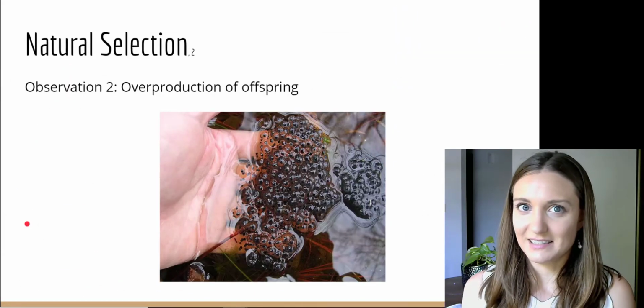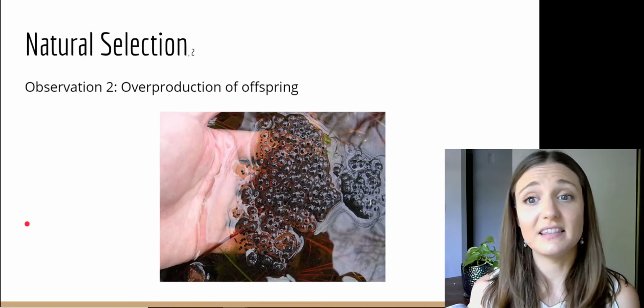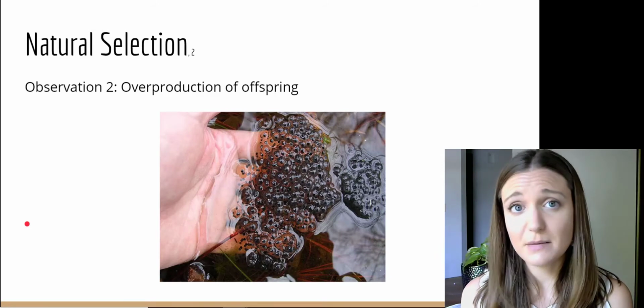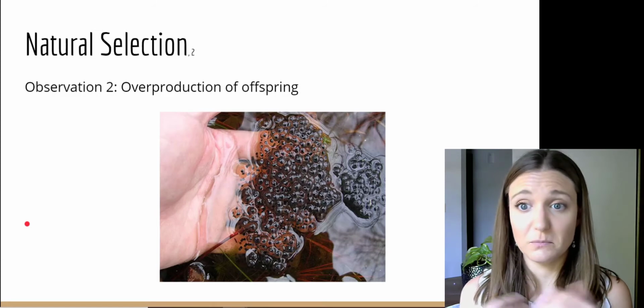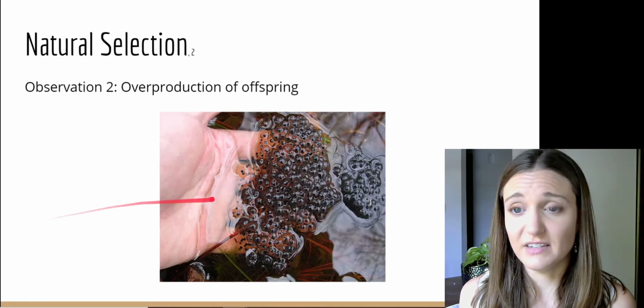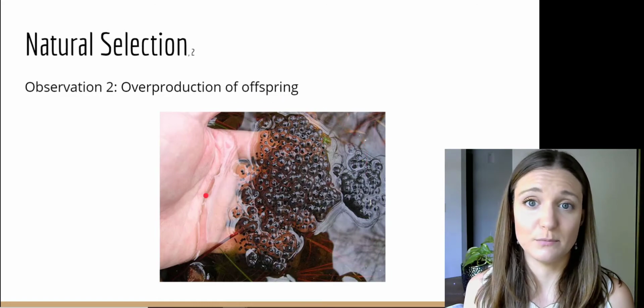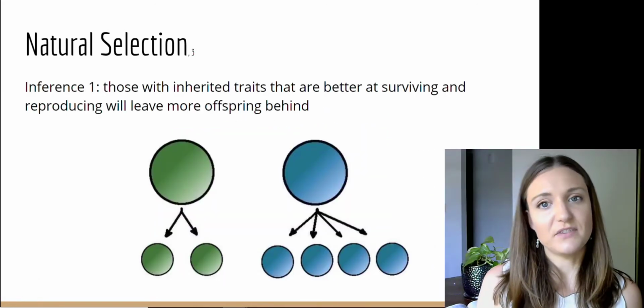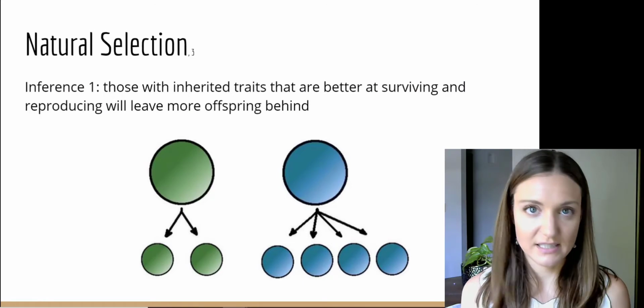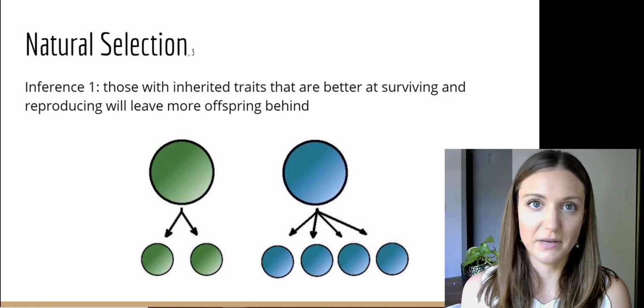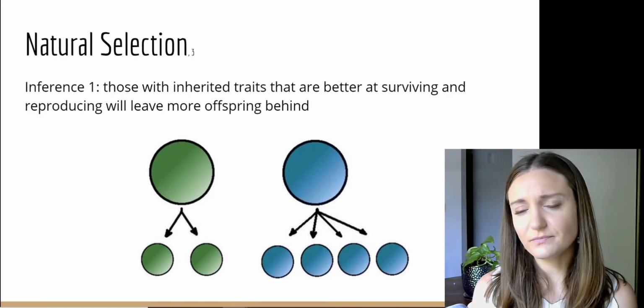Malthus caused a bit of a kerfuffle, but Darwin could see the same idea playing out in the natural world. There are more organisms born, like all of these hundreds of frog eggs, than the environment can support. Those two observations led him to a couple of inferences.